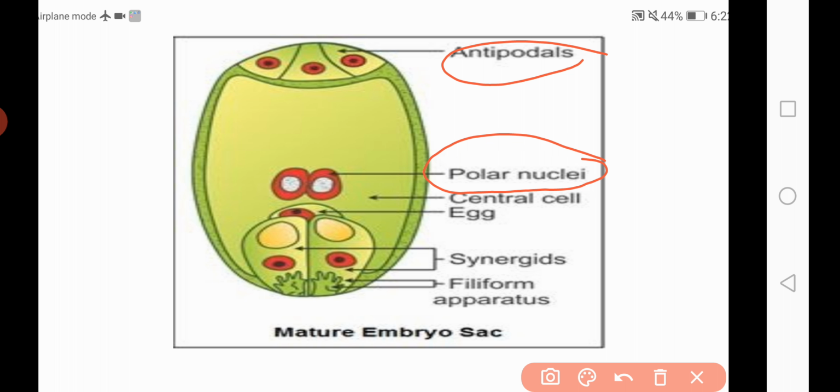At the micropylar end is the egg apparatus, which contains a single egg cell and two synergids, and the synergids contain the filiform apparatus. So this is the explanation of the 7-celled 8-nucleate embryo sac, or the development of the female gametophyte.